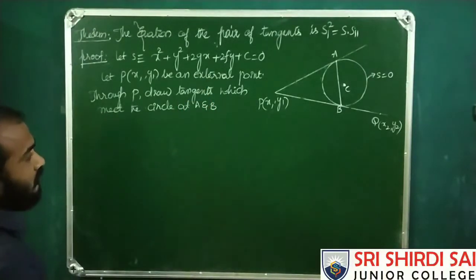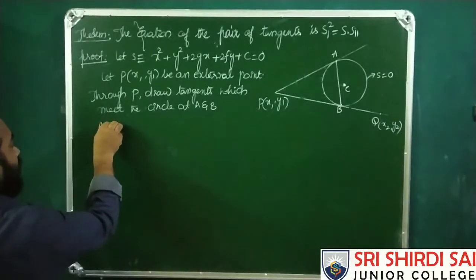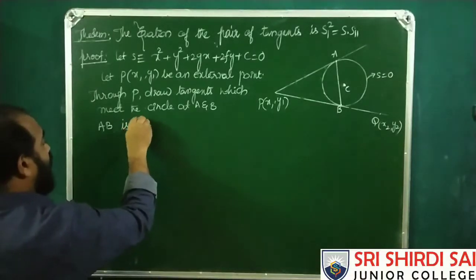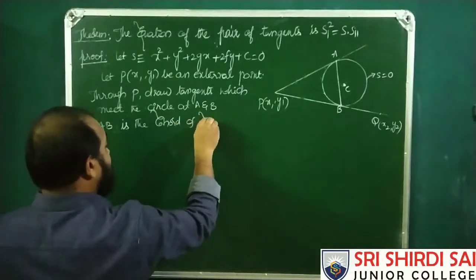Then AB is the chord of contact. What is chord of contact?